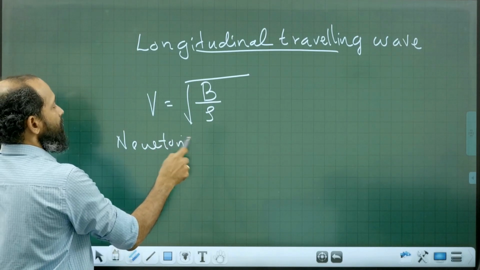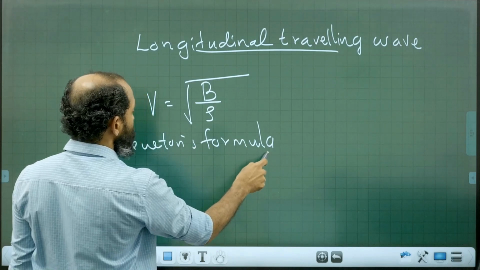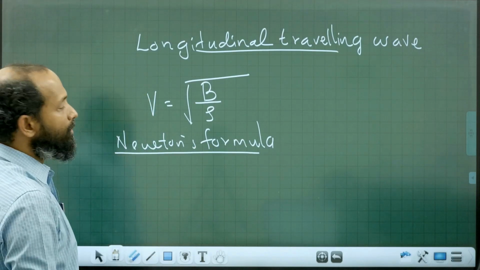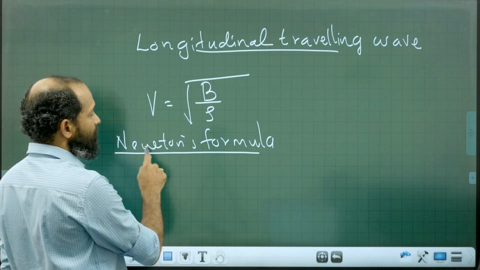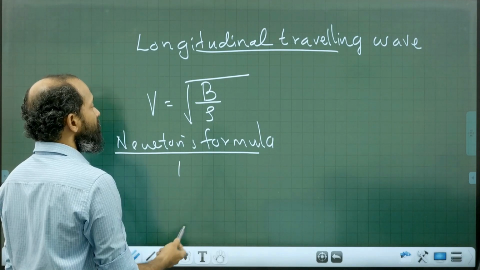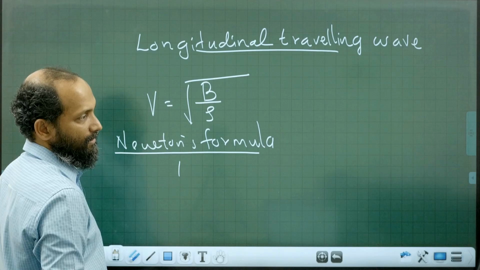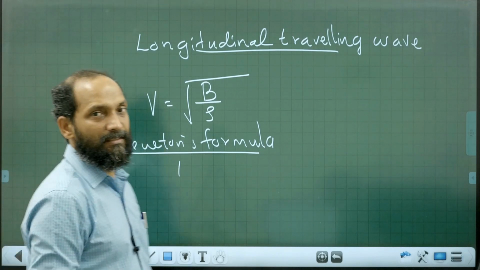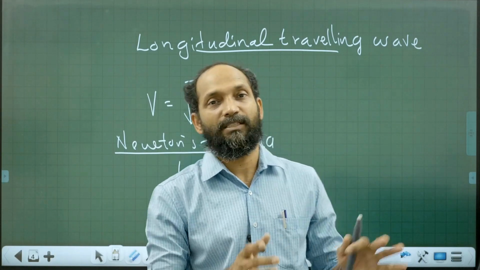When a longitudinal wave passes through air, or sound passes, sound is longitudinal in air. So when sound passes through air, Newton assumed that the process is an isothermal one. That is, air undergoes isothermal changes when sound passes through it.